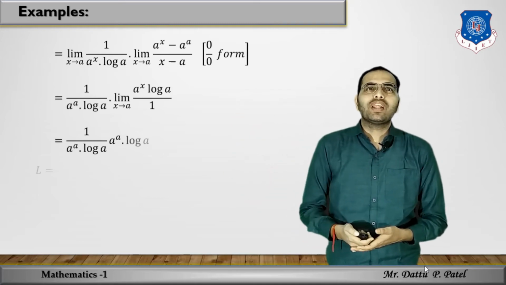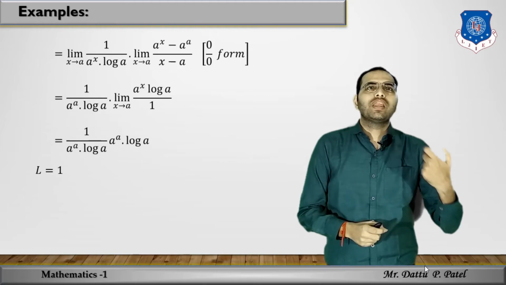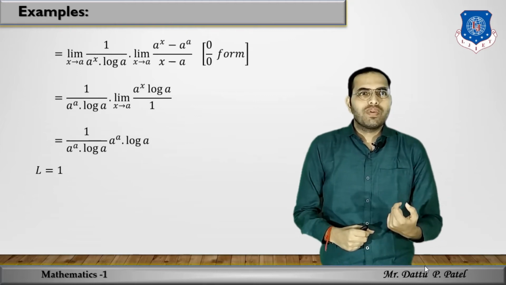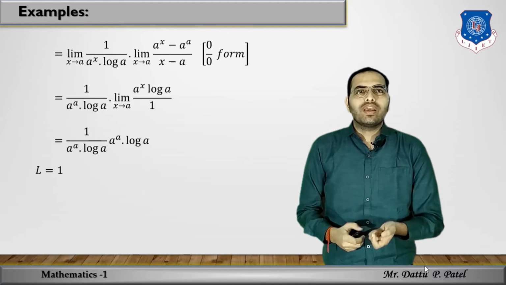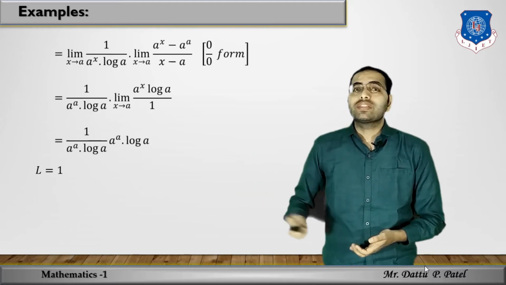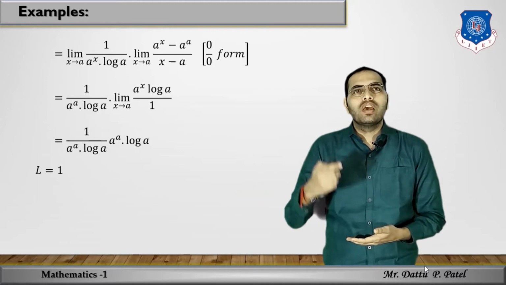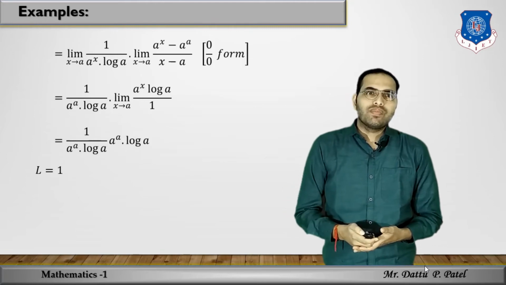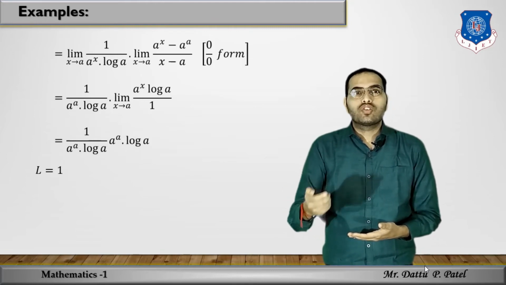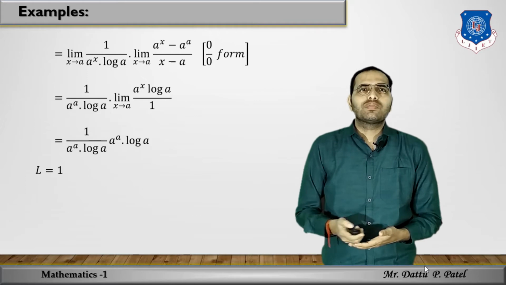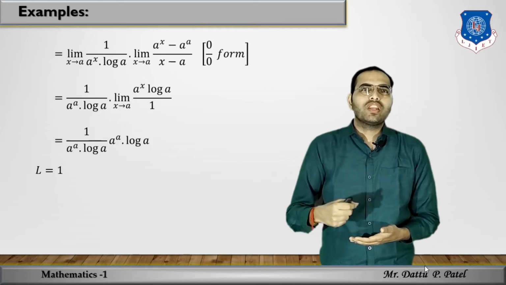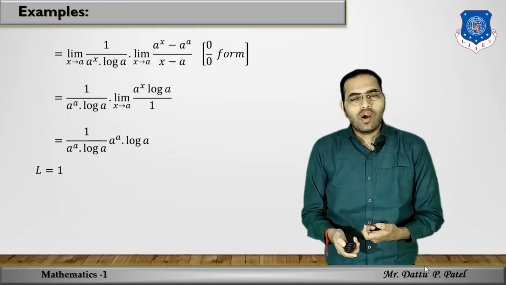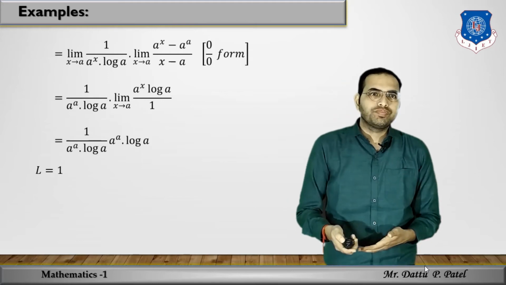Then applying the L'Hopital rule in the second term and the limit in the first term, the first term becomes 1 upon a log a, and the second term becomes limit x tends to a of a raised to x into log a. Now applying the limit x tends to a in the second term, it becomes a raised to a log a upon a raised to a log a, which cancels out, and it becomes 1.